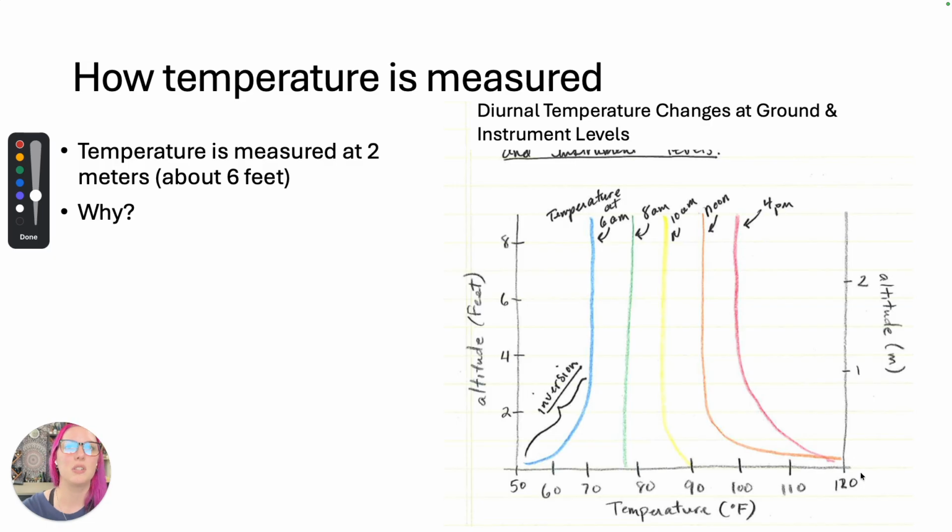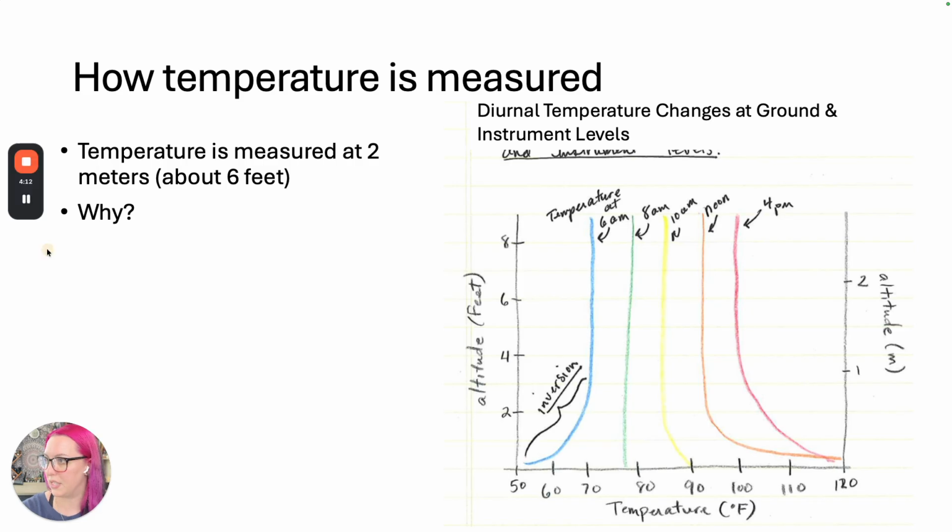Think about if you've ever walked barefoot on concrete or asphalt and had to run a little on a really sunny day, because the concrete absorbs a lot of the sun's energy and heats up much faster than the air around it.